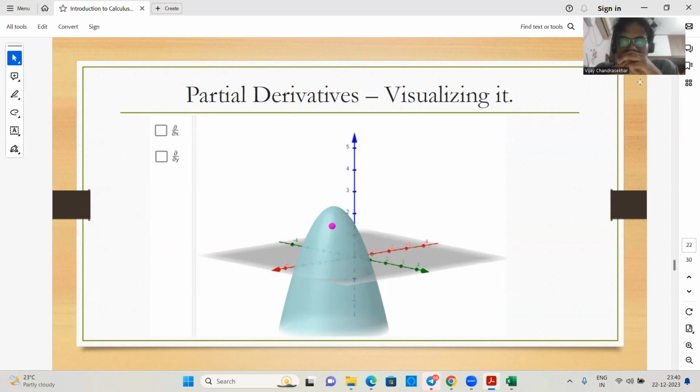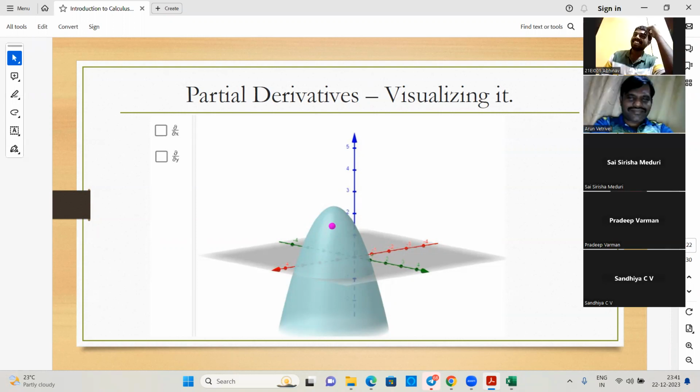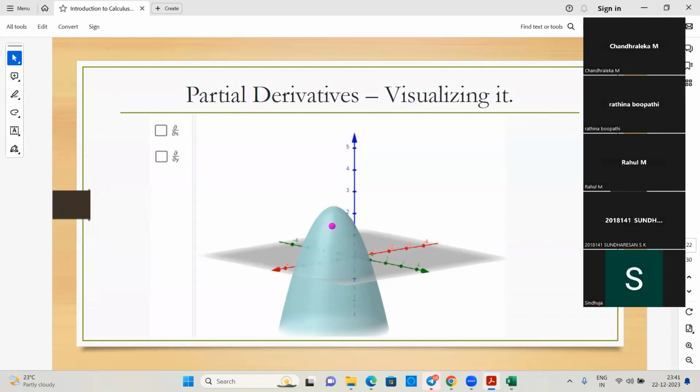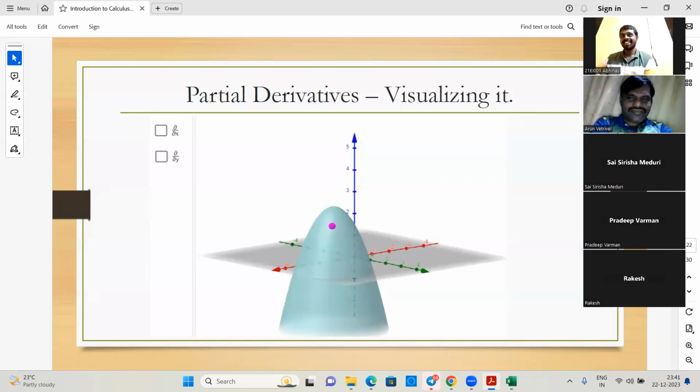Not Madhumita. No, this time I want someone else to answer that. Is red X, green Y? No, not Yash. Come on. Not the usual suspects. I want someone else to answer. Sandhya, you're quiet today. What happened? Network bandwidth is low. Okay, fine. Someone else then.